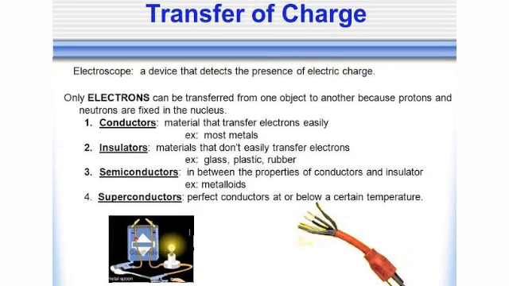Next, transfer of charges. Already we discussed about the atom. In an atom, electrons in the outermost orbit can be easily removed. They can be transferred from one substance to another. The substance which gains electrons becomes negatively charged and the substance which loses electrons becomes positively charged.